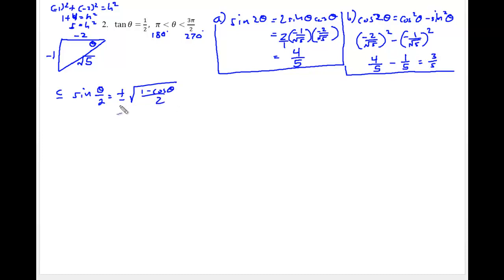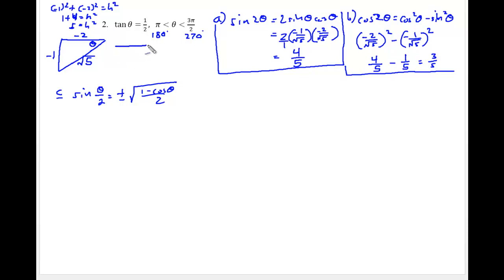Now, what's important about this is that if we take the half angle in the third quadrant, we have to know where that is on the triangle. If we take half of an angle in the third quadrant, we are not going to be in the third quadrant anymore. In fact, we're going to be in the second quadrant.